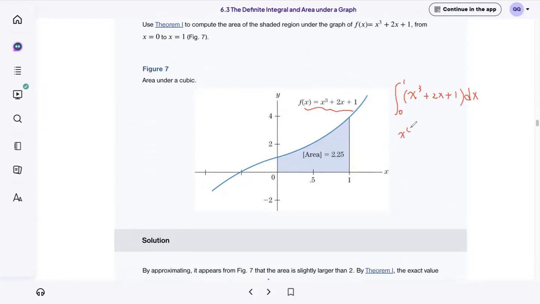So we get x raised to 4 divided by 4 plus x squared, because 2x is the derivative of x squared, plus 1x. Then evaluate at 0 and at 1. Well, evaluation at 0 gets nothing. Evaluation at 1, we just get 1/4 plus 1 plus 1. Right? Well, 1/4 is 0.25, so we get 2.25. So that's the area of this shaded region.